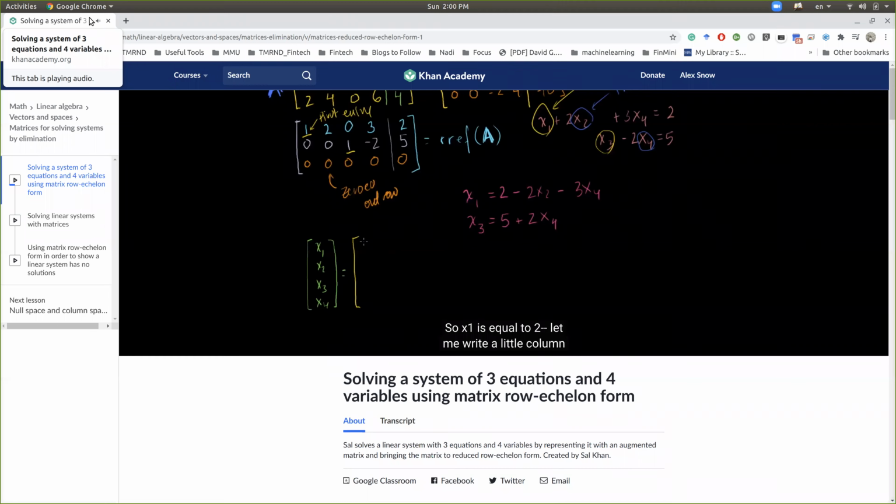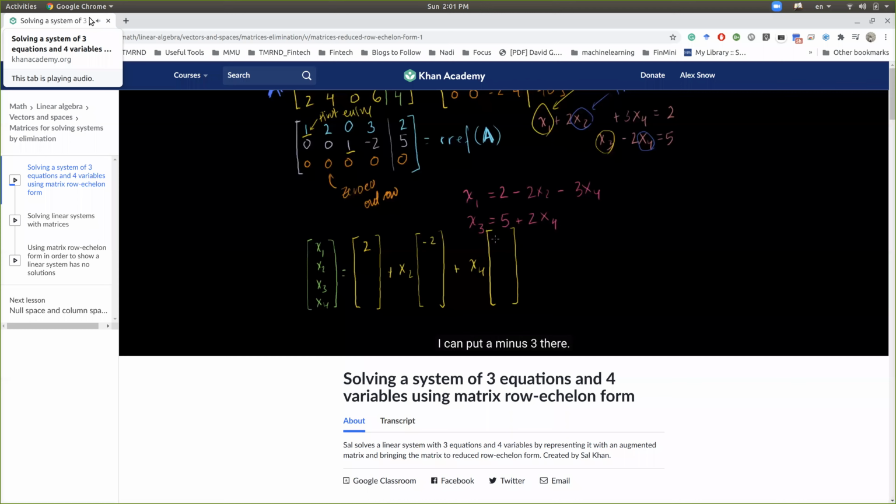So x1 is equal to 2, let me write a column there, plus x2 times something, plus x4 times something. So x1 is equal to 2 minus 2 times x2, or plus x2 times minus 2. So I put a minus 2 there, and then I can say plus x4 times minus 3.